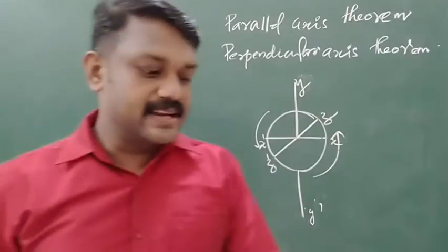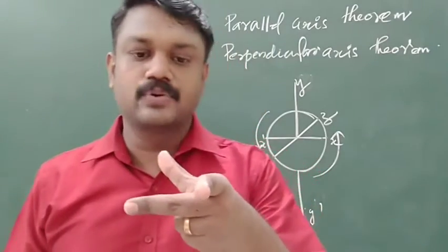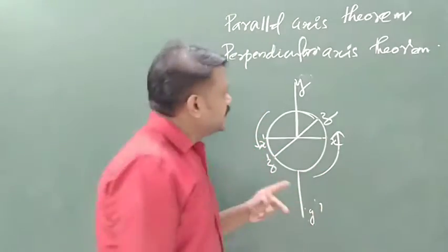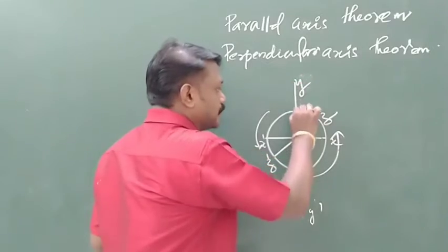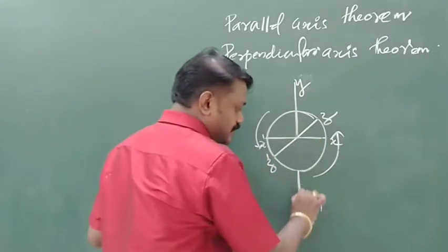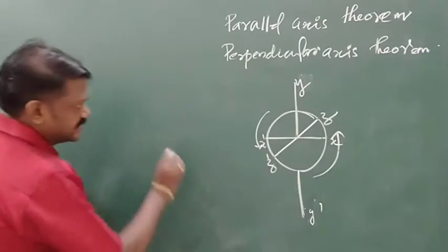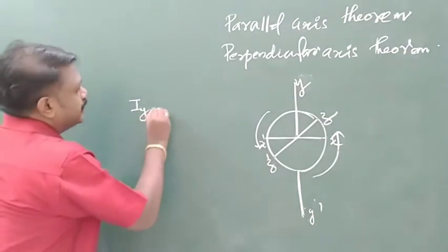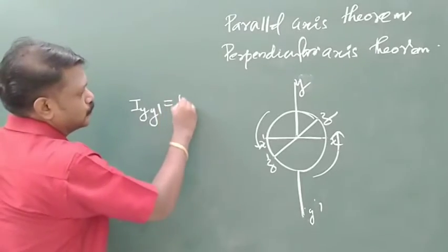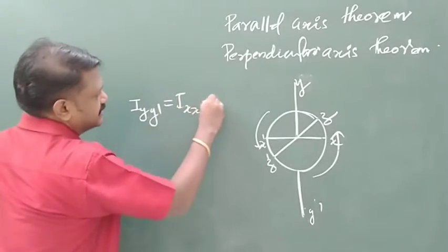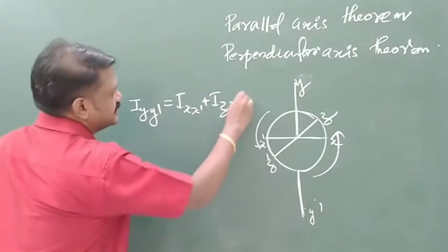So this x, y, z are making three mutually perpendicular directions. See, this is a perpendicular axis about which we have to find out the moment of inertia. So simply it says that I y dash is equal to I x dash plus I z dash.